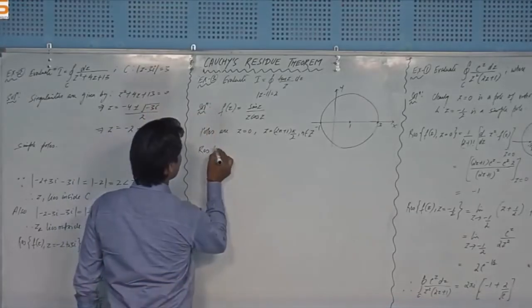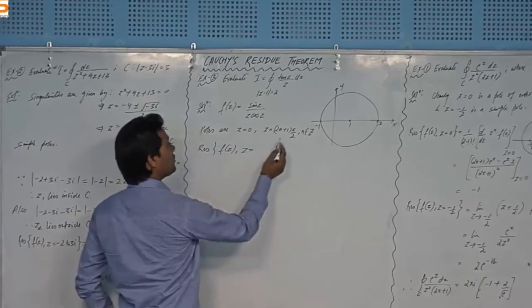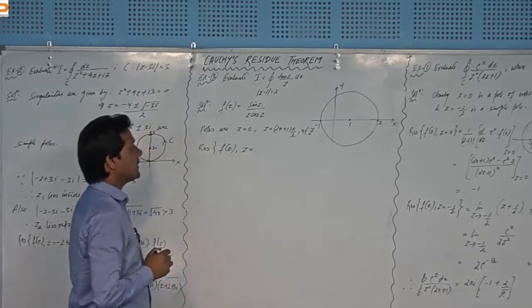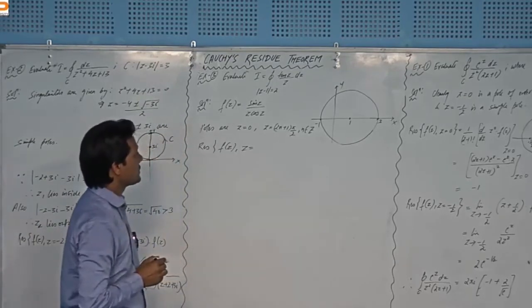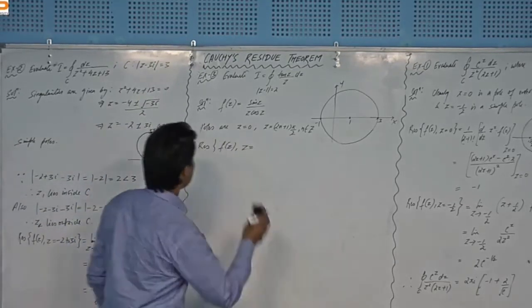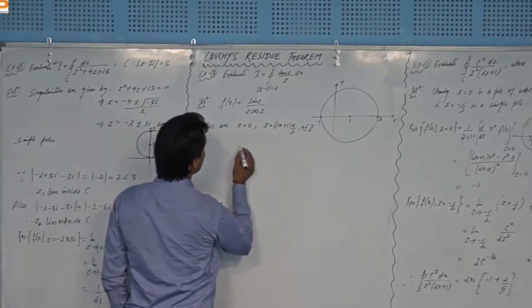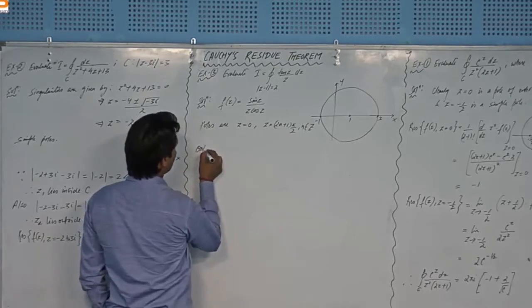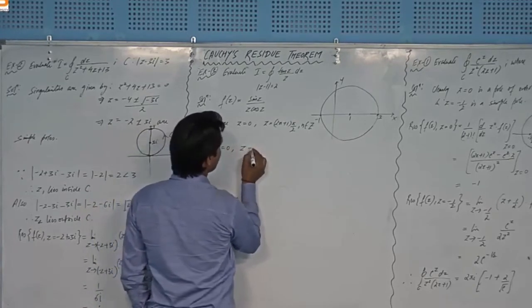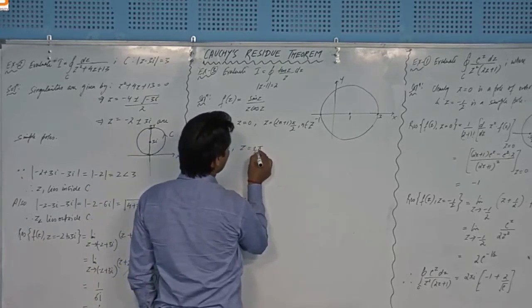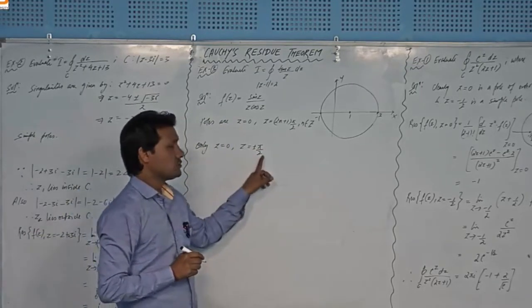So residue of f(z) at z equal to this one, but out of these so many poles, only I think pi by 2 and minus pi by 2 will lie inside it. Yes, I should write that first. And from here, only z equal to 0 and z equal to plus minus pi by 2, because 3 pi by 2 is 4.7, and that will be outside.